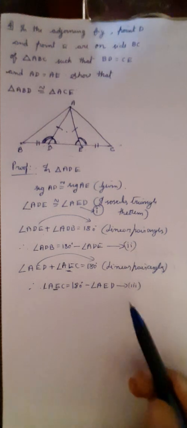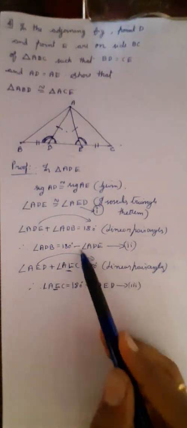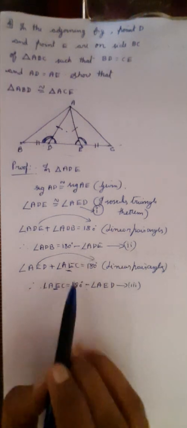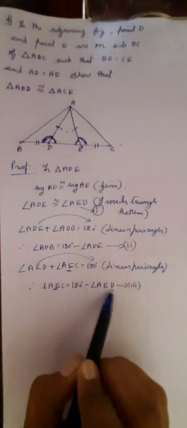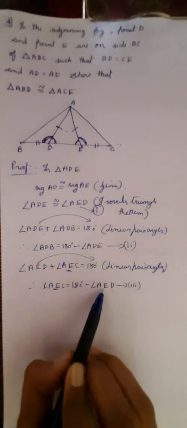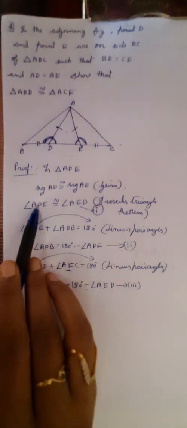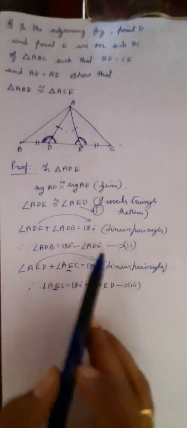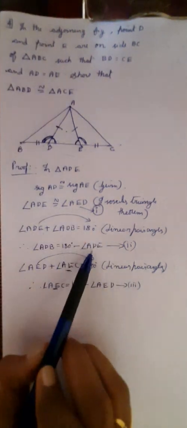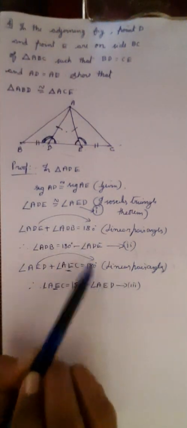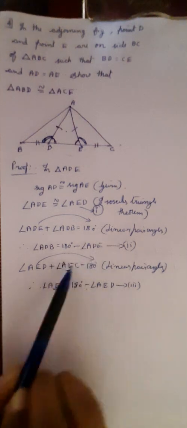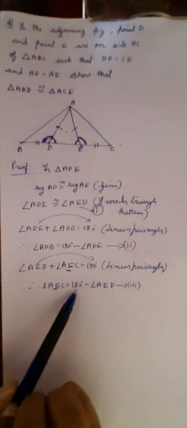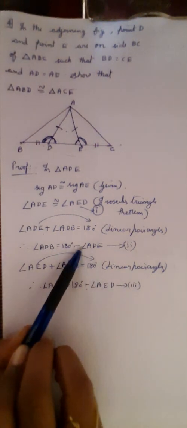Now compare equations 1, 2 and 3. Here 180 degrees minus ADE, here 180 degrees minus AED. ADE and AED are equal, given in equation 1, is it? According to equation 1, these two are same. Then we can say that the full expression is also same, is it? 180 minus ADE, 180 minus AED, both are same.